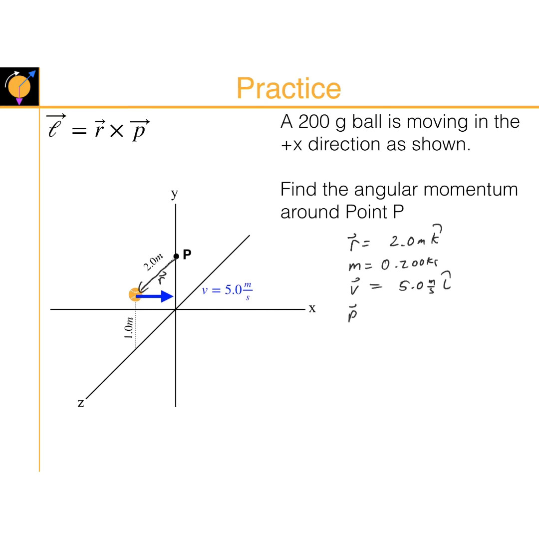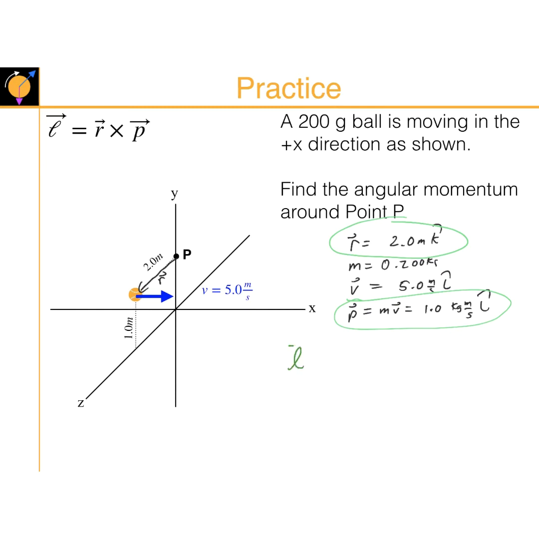That means we can write down p. p is just mv, so 0.2 times 5, which gives 1.0 kilogram meters per second in the i hat direction. So now we have r and p, and we can use that to calculate the angular momentum.